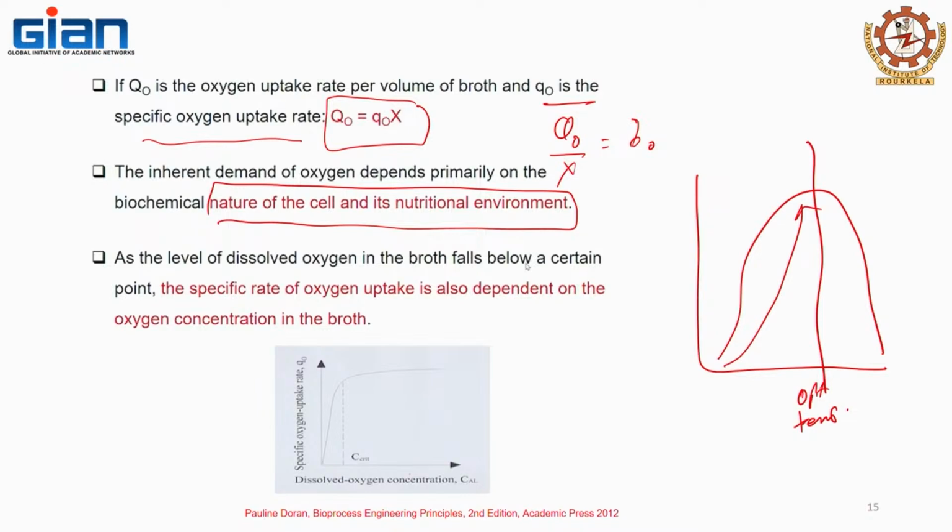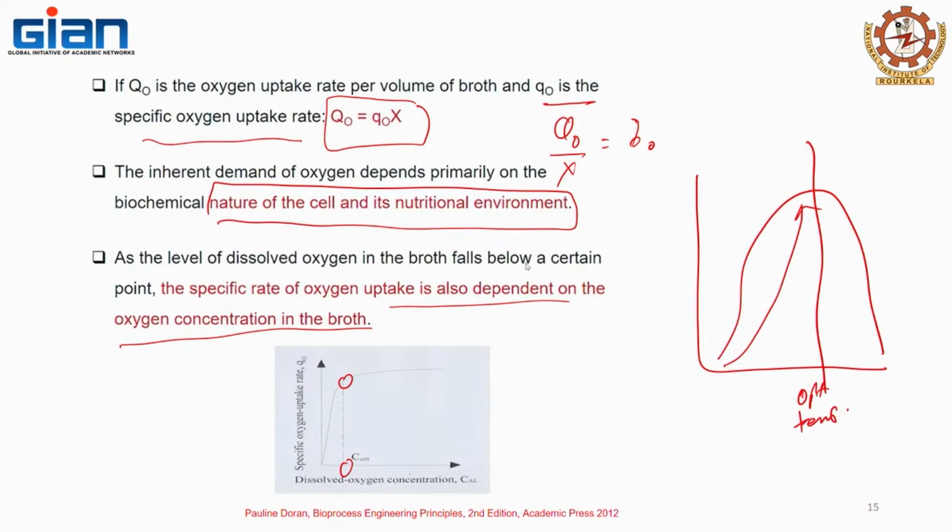As the level of dissolved oxygen in the broth falls below a certain point, which is your critical oxygen level, the specific rate of oxygen uptake is also dependent on the oxygen concentration in the broth. So you have to make sure that you have provided enough oxygen beyond the threshold, not less than the threshold, at all times.